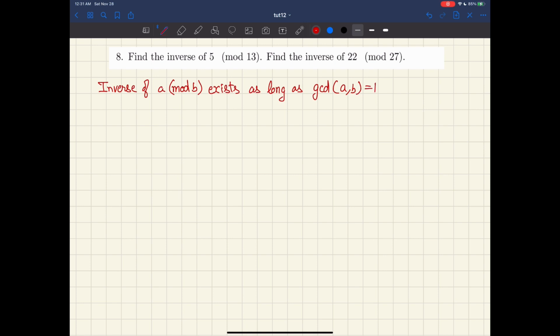So to find the inverses, we will use the extended Euclidean algorithm. First we'll find the HCF. If the HCF is 1, we'll move on to the next steps. For finding the inverse of 5 mod 13, we'll write 13 as a combination of 5 with a remainder.